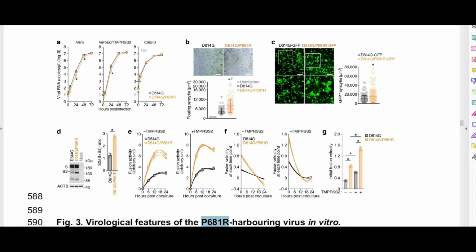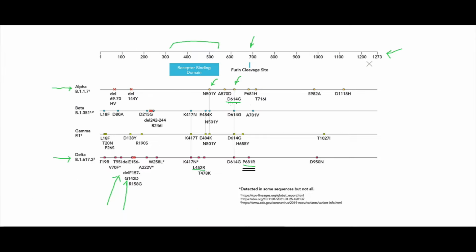And so then they look again at the hours after infection using the quantitative PCR, and they're actually comparing it to this D614G, which, remember, is this one here that I said was now ubiquitous in pretty much all variants of COVID-19.